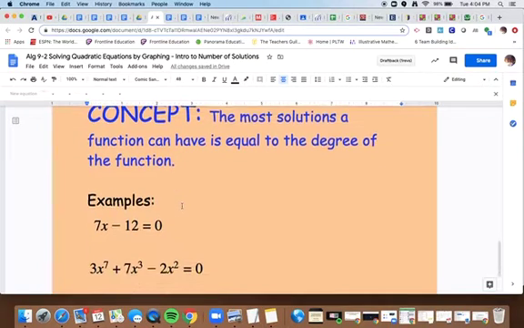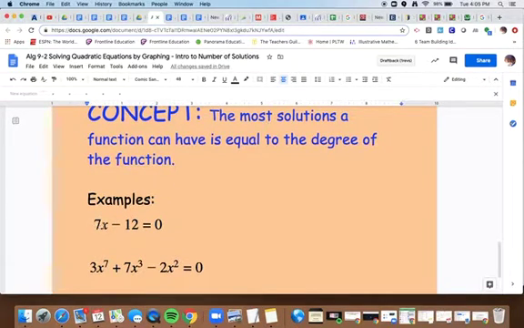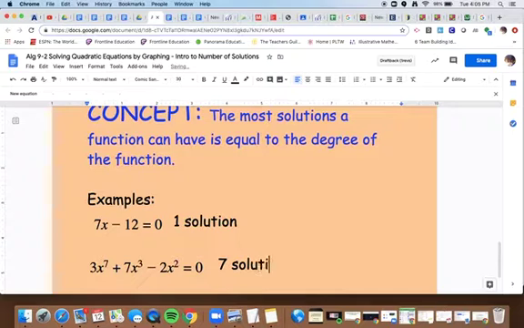So if you look at these examples I have, you've got 7x minus 12. Well, that can only have one solution because the degree is 1, right? So you would say, okay, that has one solution. And this one right here, you would look at it and say, well, the highest degree is 7. So this has a possibility of 7 solutions.